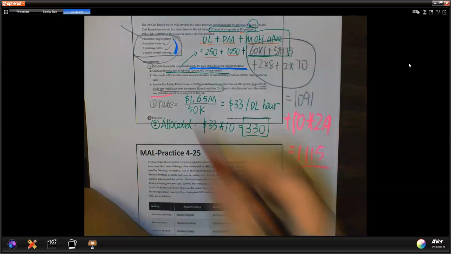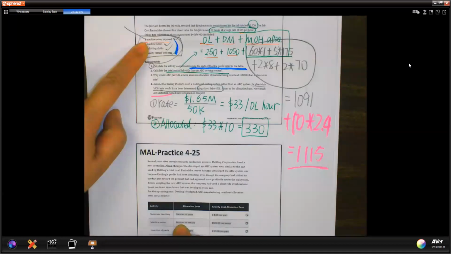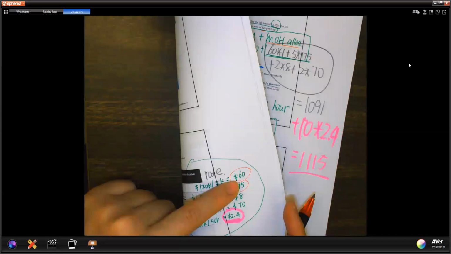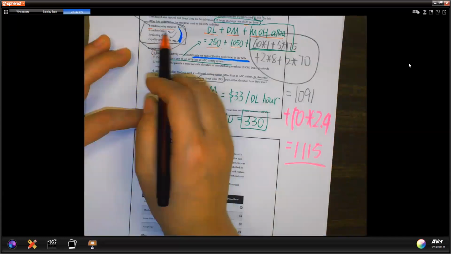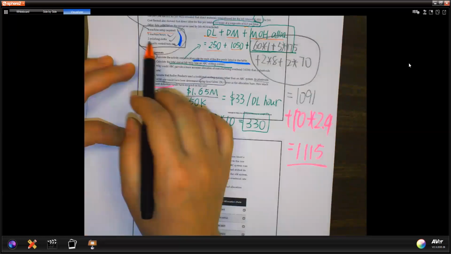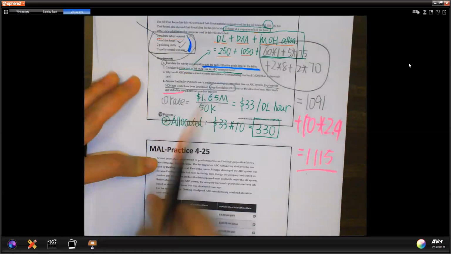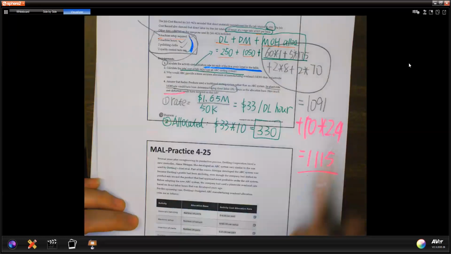The question told you it's 1 machine setup, which is $60. 5 machine hours is 5 times 175. 2 polishing, 1 polishing is 8, so 2 times 8. 2 quality control, 1 quality control is 70, so 2 times 70.